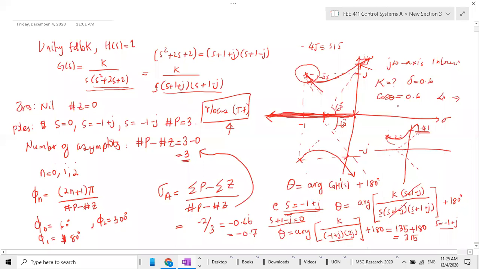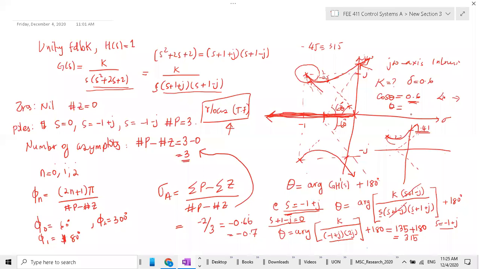So if you get theta from here, you can draw a line with that angle theta and get this point. This point is the K which will give you this damping ratio from the time domain specification. I don't know if I answered you, but the angle of departure and arrival help us to draw root locus.